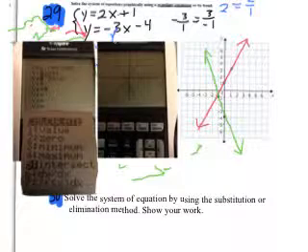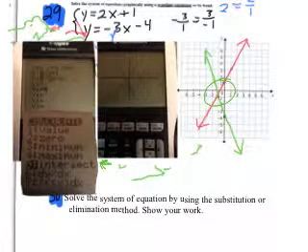When you push calc, you'll get a little screen that looks like this. And see there's value, zero, minimum, maximum, intersect. There's a differential and an integral. You want to push 5 or bring the cursor down to intersect, because it's the intersection of those 2 lines.